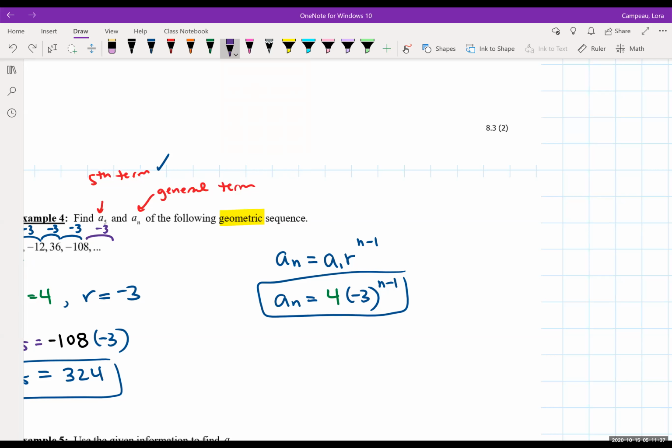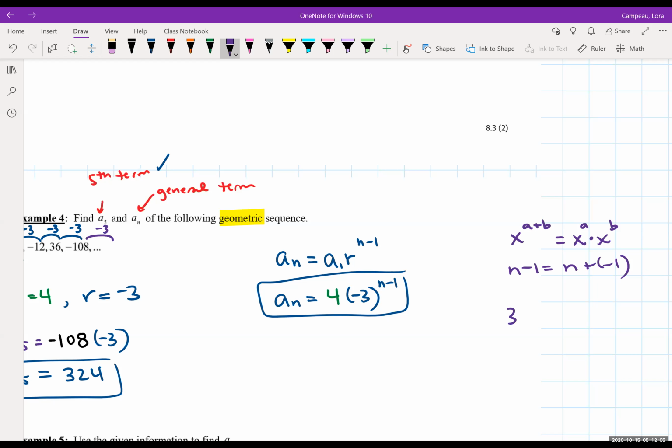If you remember the exponent rule, whenever you have a sum, you can split it back up into a product with the same base. Now, what is n minus 1? If it's a difference, n minus 1 is the same thing as saying n plus a negative 1.